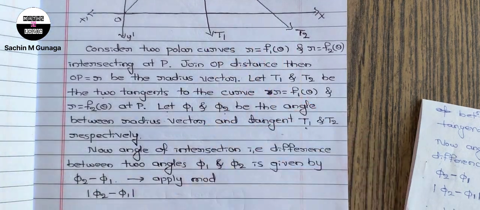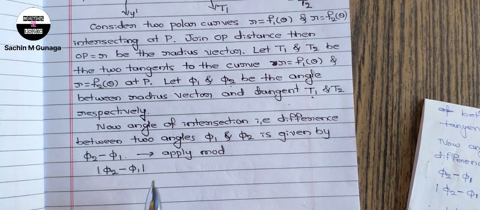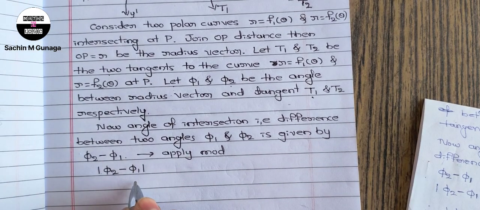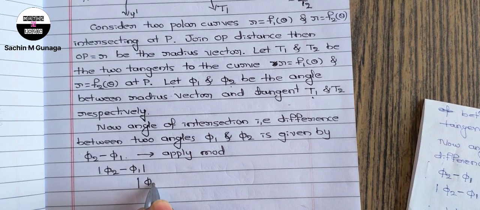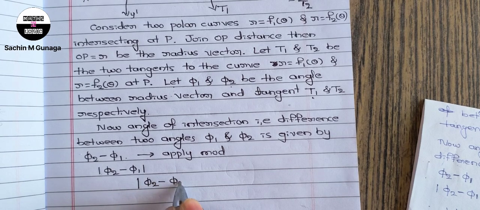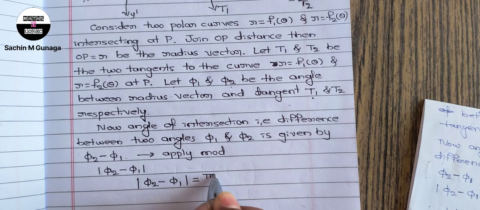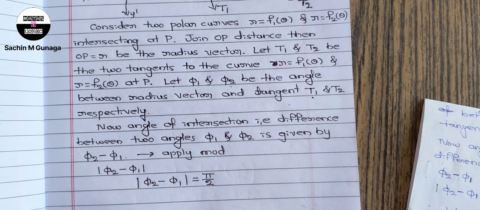In this case, we are going to write mod of phi 2 minus phi 1 is equal to 90 degrees. 90 degrees is nothing but pi by 2 radians.